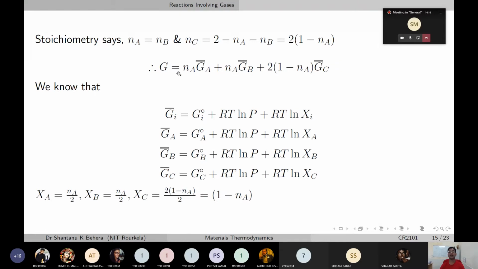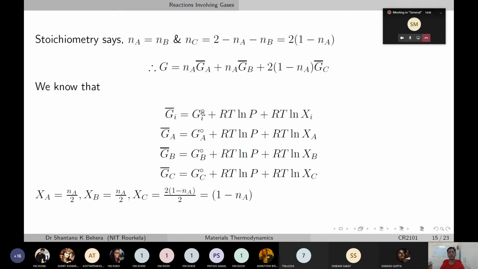Therefore, you can define all of the numbers of moles of the different gases in terms of Na. So G is going to be Na Ga bar plus Na Gb bar plus 2 into (1 minus Na) Gc bar. And this is a generic formula.